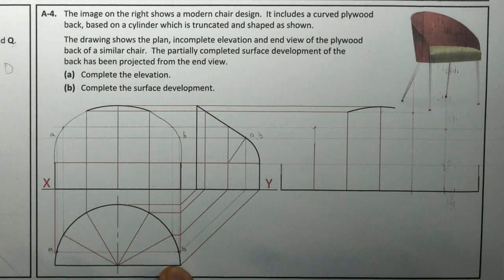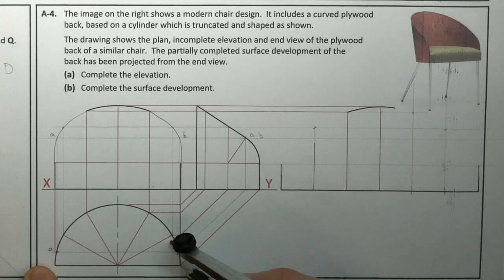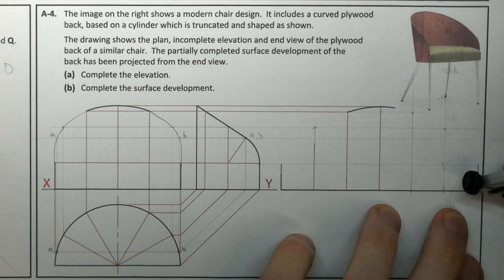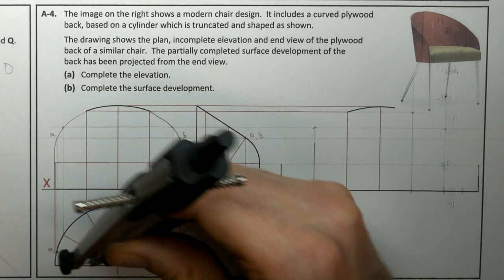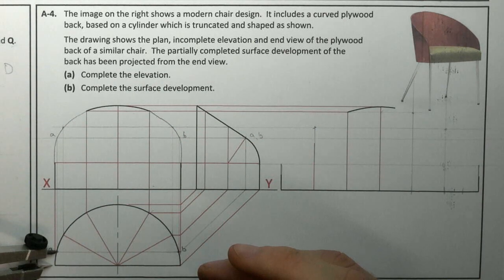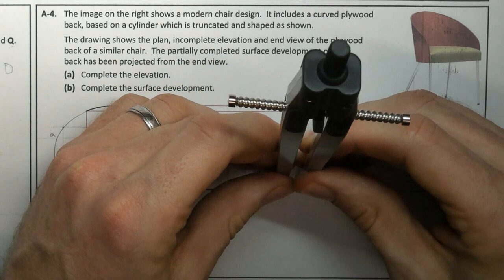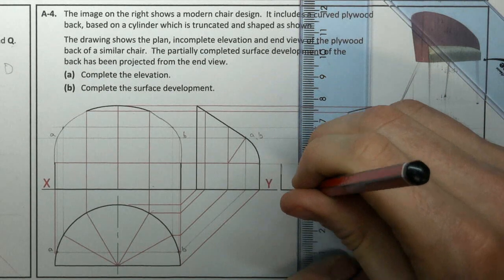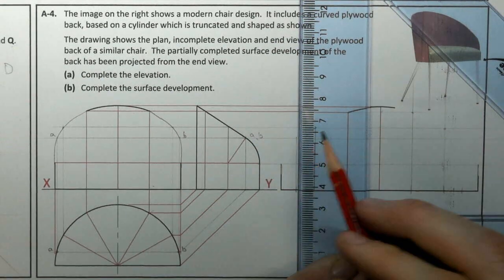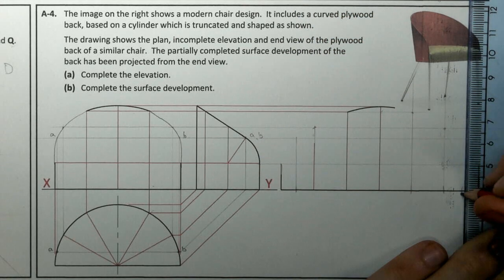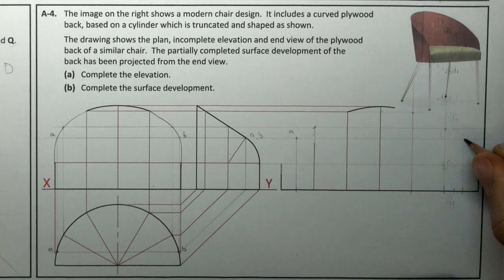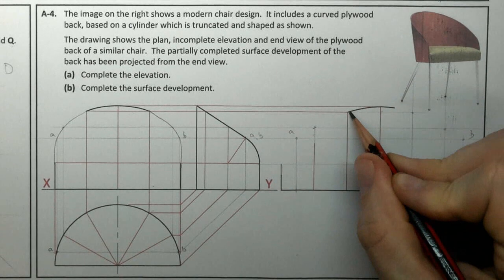So we need to find A and B. The distance from the end here to B will be the same as the distance from the end back, and should be the same from end here to A. There's A, and we'll draw a line vertically up in line with A. So that is my A, that is my B. We can draw the freehand curve.